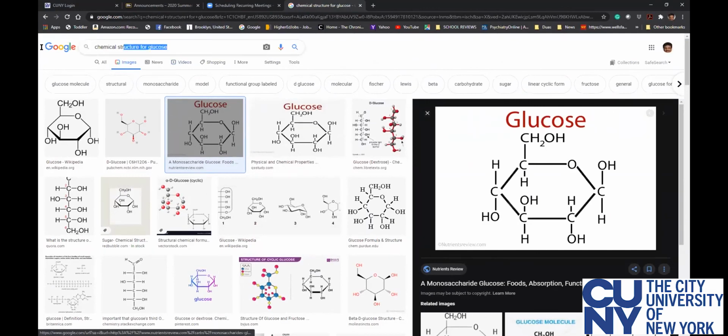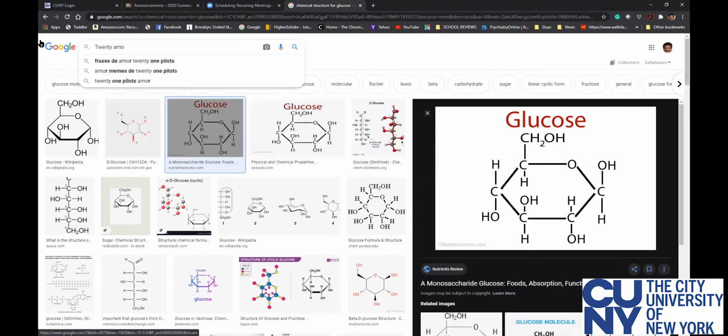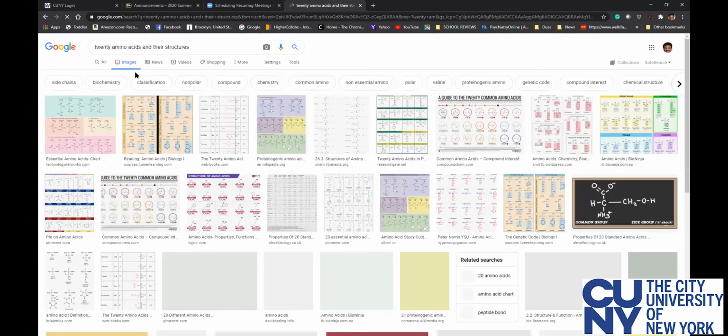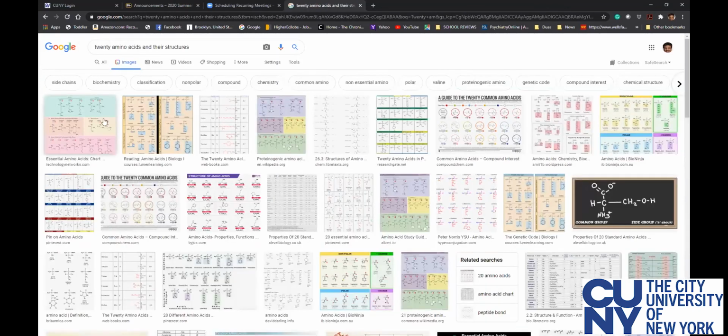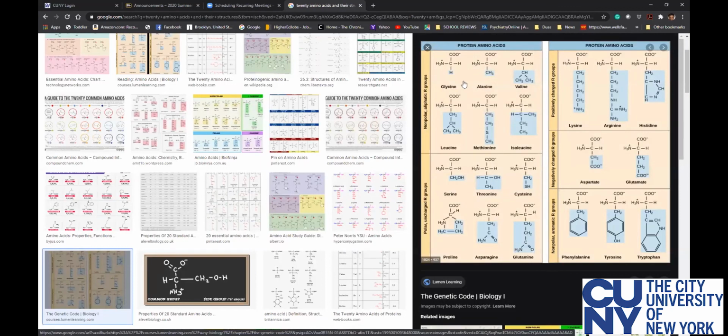First, look at the 20 amino acids. There are various ways to write it, but let's look at one of the charts. You see here, they all have the same.